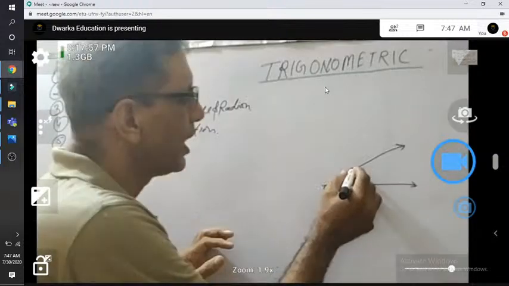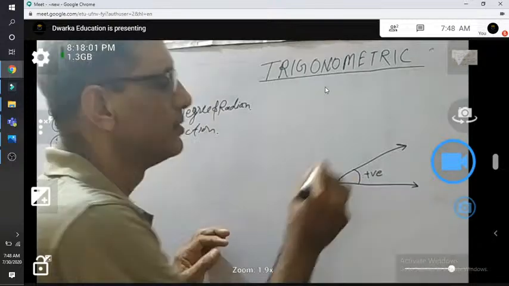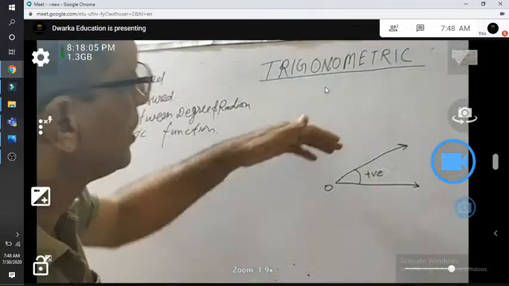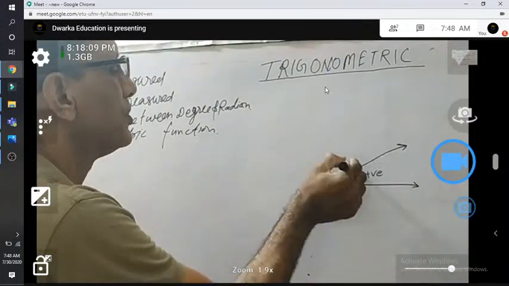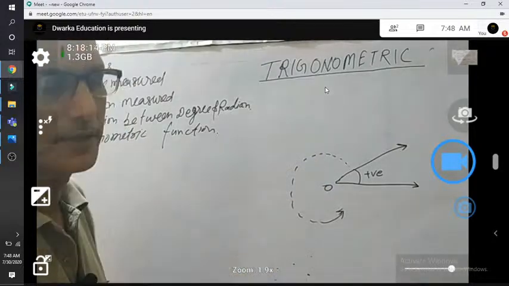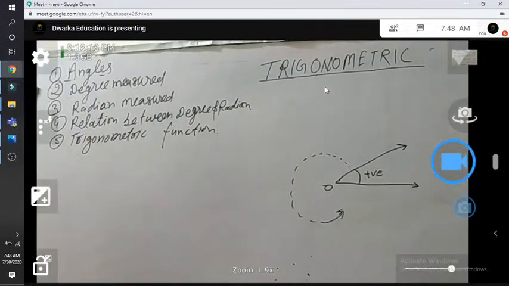This angle is positive. If this ray turns in this direction, all angles in this direction will be positive.